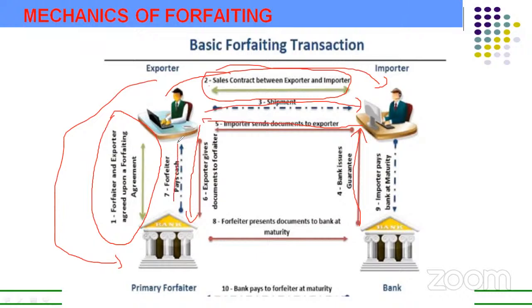Then the forfaiting company will make the payment to the exporter. Later, on the due date, the forfaiting company presents the documents at the bank at the maturity date. It means that on the due date, the forfaiting company will present the letter of credit to the guarantor bank. Then the importer pays money to the bank, and that money will be paid to the forfaiting company by the guarantor bank.